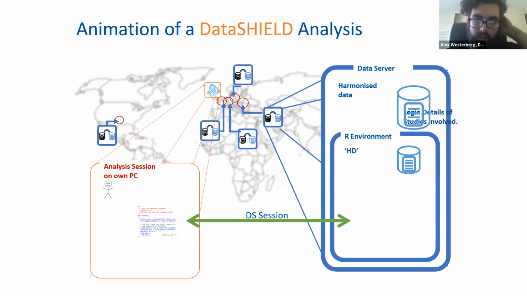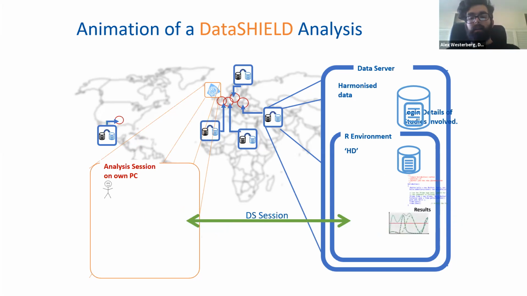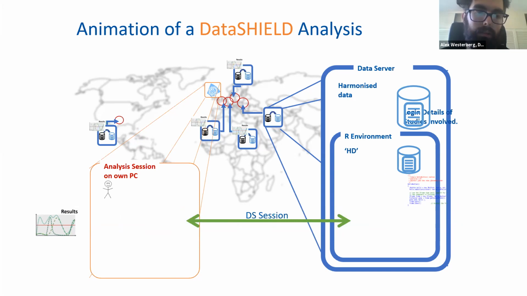Then I'll come up with some commands like what is the mean of this data that will be sent using a command and read by the R environment in the server computer. And then a result will be processed, in this case, a graph. And the graph gets sent back, assuming it has passed the checks of non-disclosure. Simultaneously, in all these other blue boxes, results will be generated, and then they too will be sent back.